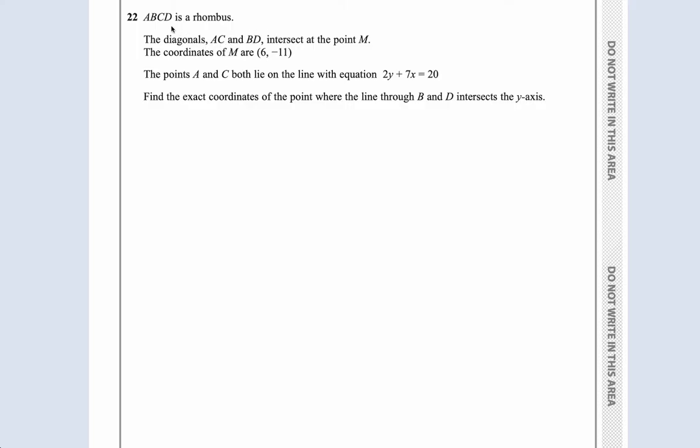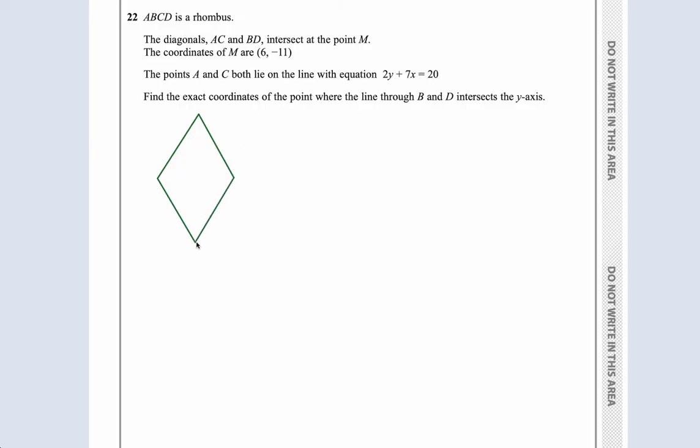Question 22. ABCD is a rhombus. The diagonals AC and BD intersect at point M. I think the best thing to do in this situation is to draw the rhombus. A, B, C, D. Now remember, a rhombus means the sides are the same length.